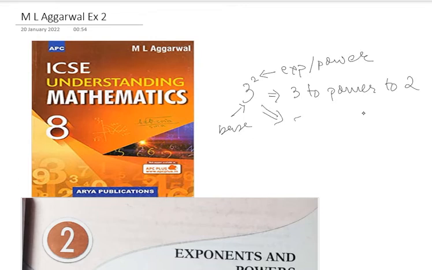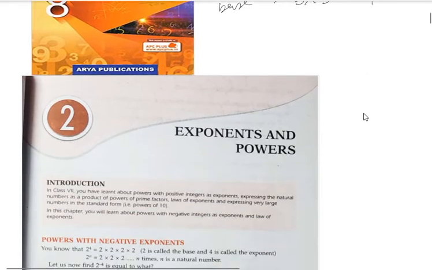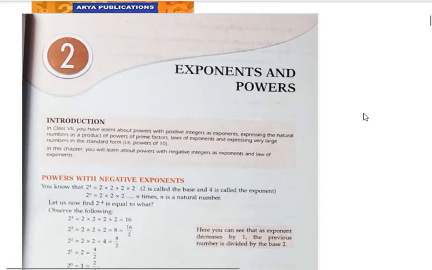This is read as 3 to the power of 2, where 3 is the base and 2 is the exponent, and the exponent is also known as the power. The calculation would be 3 square means 3 multiplied by 3, that is, 3 is multiplied 2 times, and hence the answer is 9. This is what a number in exponent form looks like.